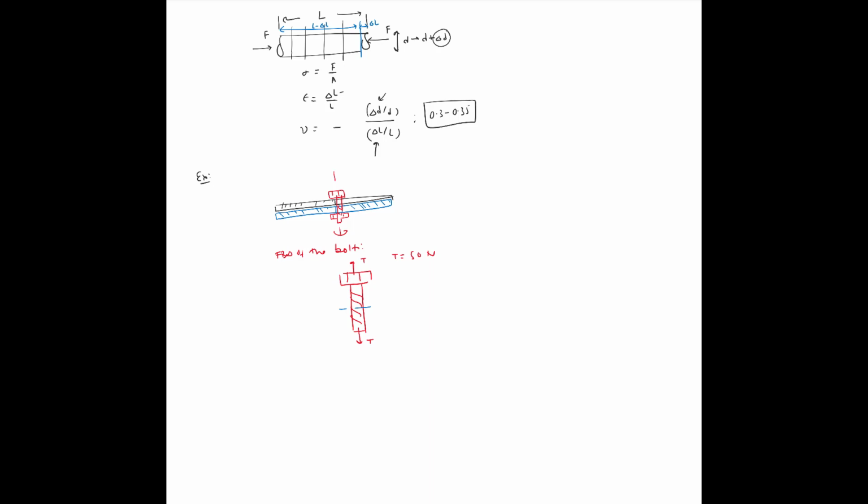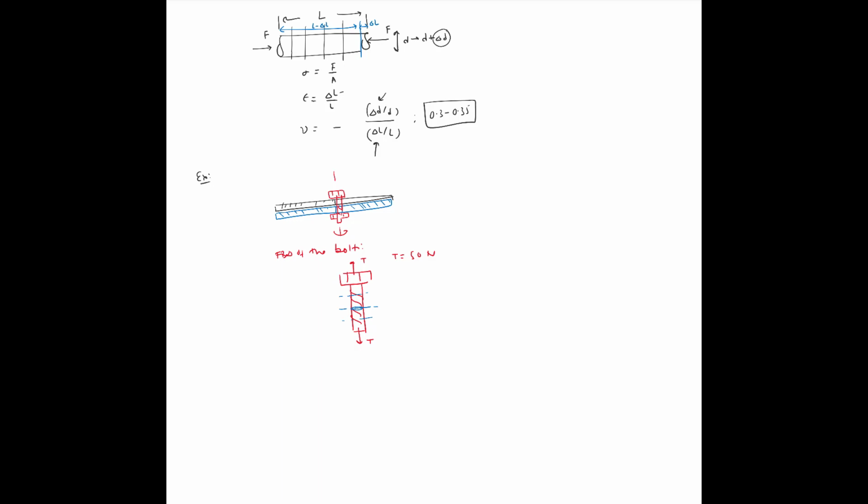So if you make a cut over here, then what is the normal stress at a cross section over here, which could be same as here or could be same as here, because there's really no difference in these three planes. And what is the strain that develops as a result of applying this tensile load? And what is the elongation in the bolt, and what is the contraction of the bolt in the transverse direction? So there are all these questions that we are trying to answer.